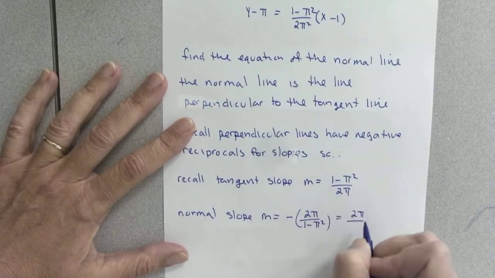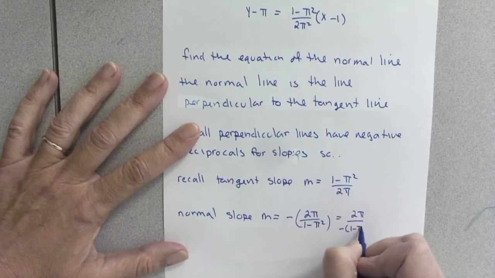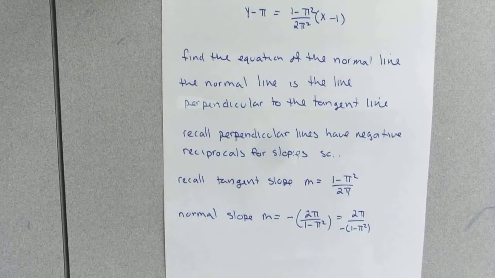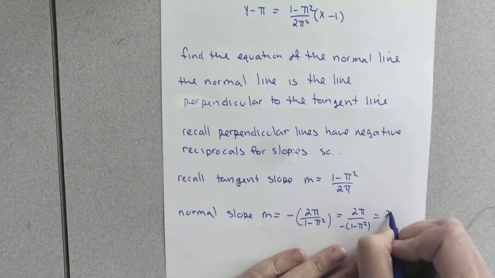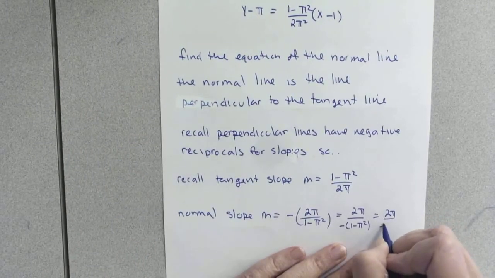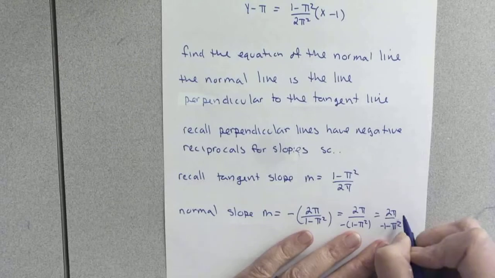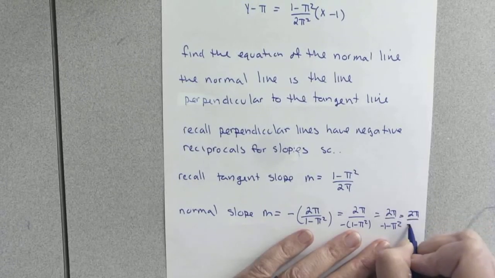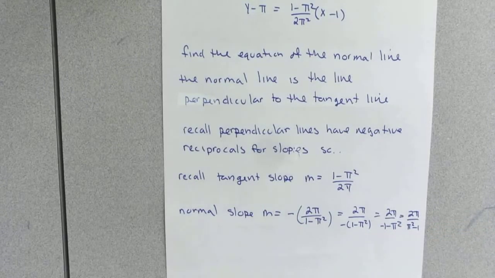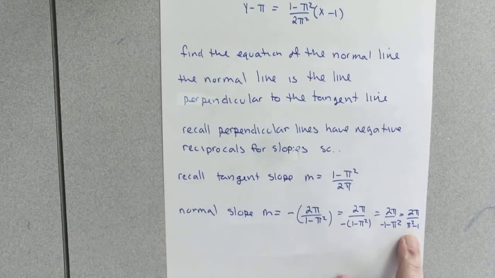The prettiest way to simplify it is to put the negative sign in the denominator. And so then I have 2 pi over negative 1 minus pi squared, or that's 2 pi over pi squared minus 1.